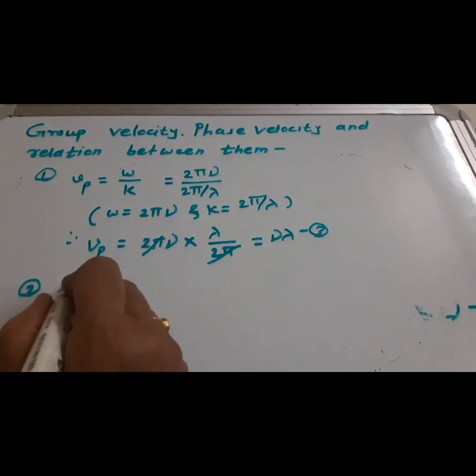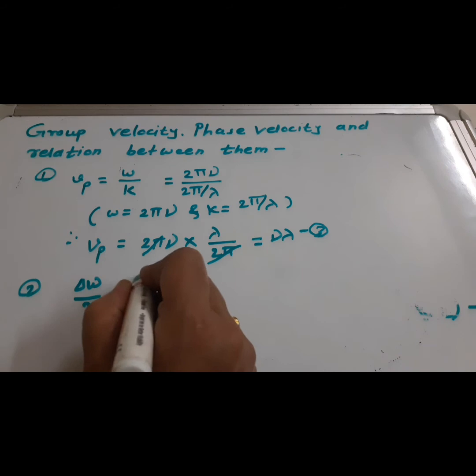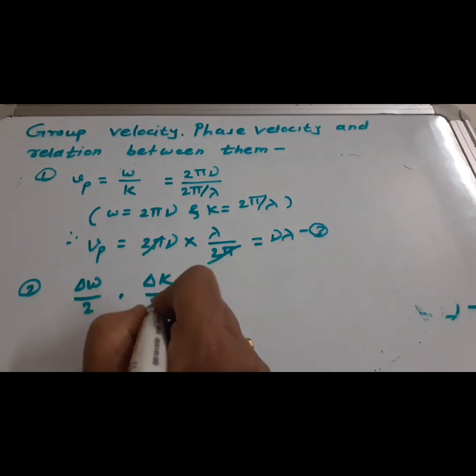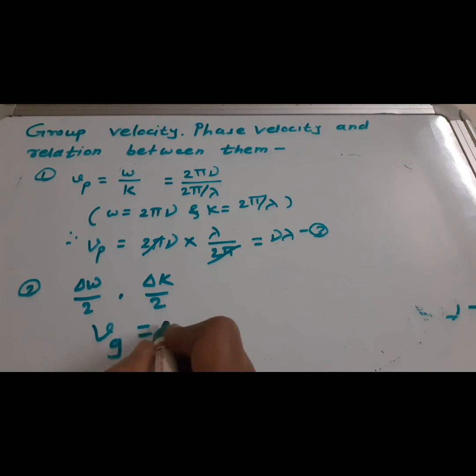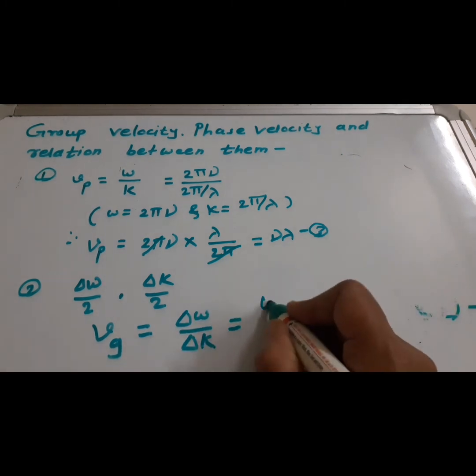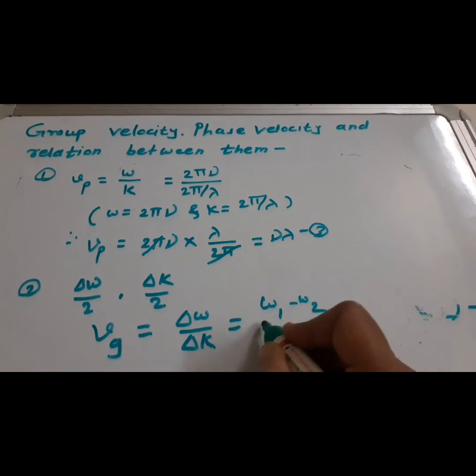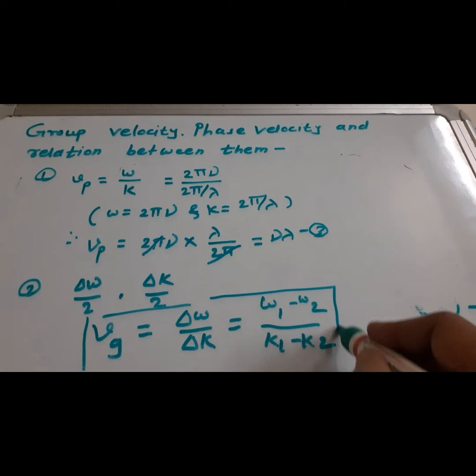Now the second part is the wave of frequency delta omega divided by 2 and propagation constant delta k divided by 2. Then the group velocity Vg is equal to delta omega divided by delta k, that is omega 1 minus omega 2 divided by k1 minus k2, and this is the equation for group velocity Vg.